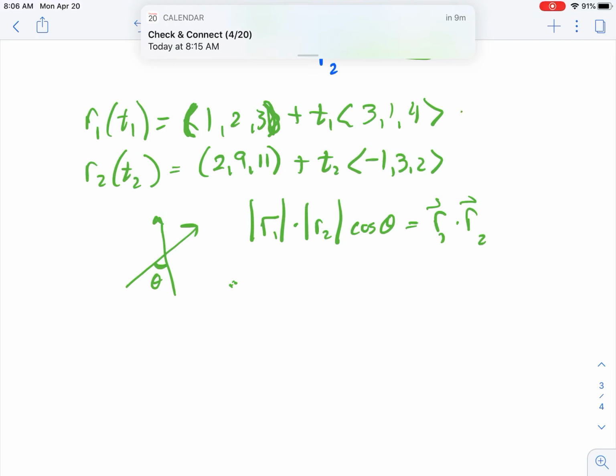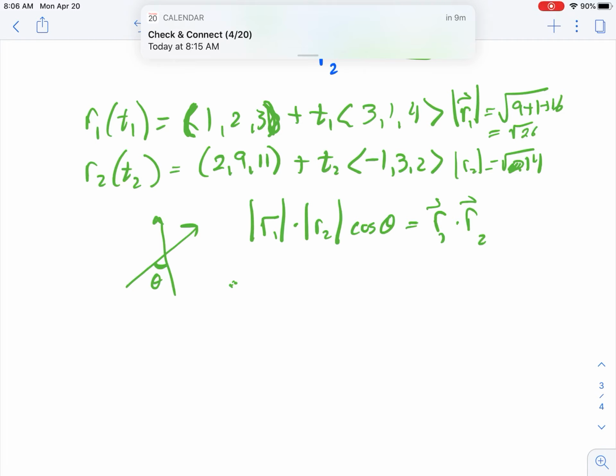So to do that, we've got to find the magnitude of R1. So our magnitude of R1 would be the square root of 9 plus 1 plus 16, or root 26. Oops, excuse me. That's for R1. R2, the magnitude of that one would be root 14.